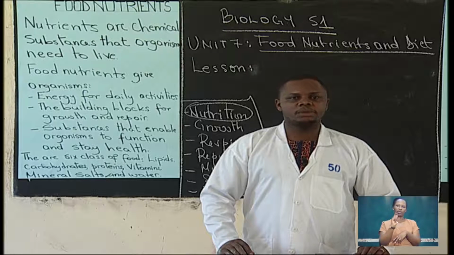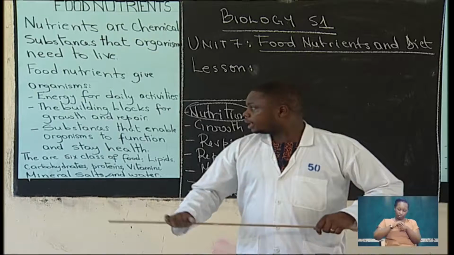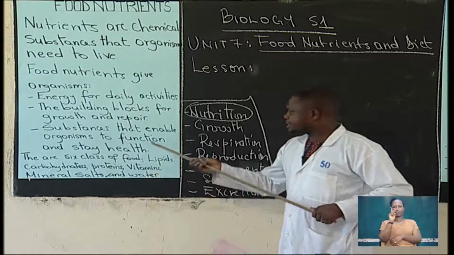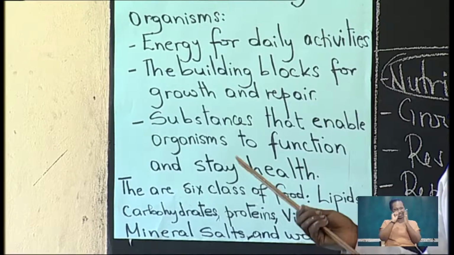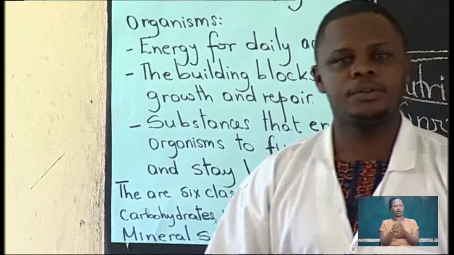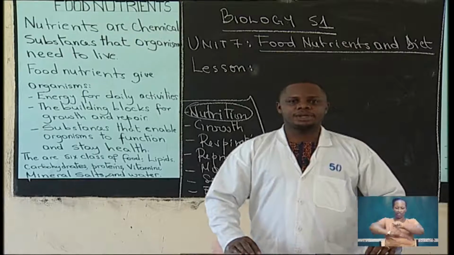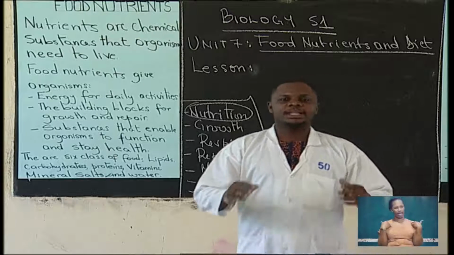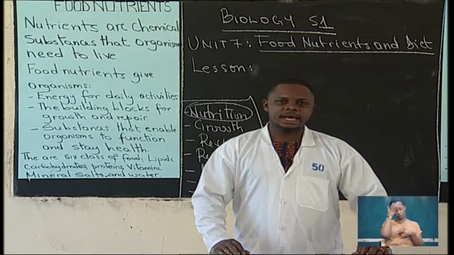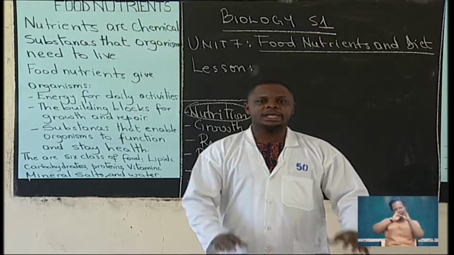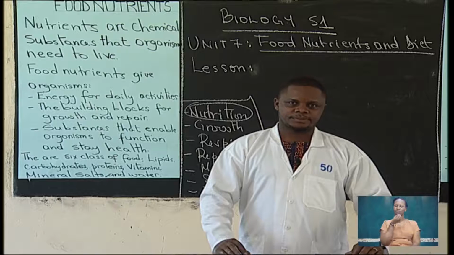Proteins are building blocks of the body. Another function is substances that enable organisms to function and stay healthy. What does it mean? Some of the food nutrients we eat are very important because they protect our body from diseases.